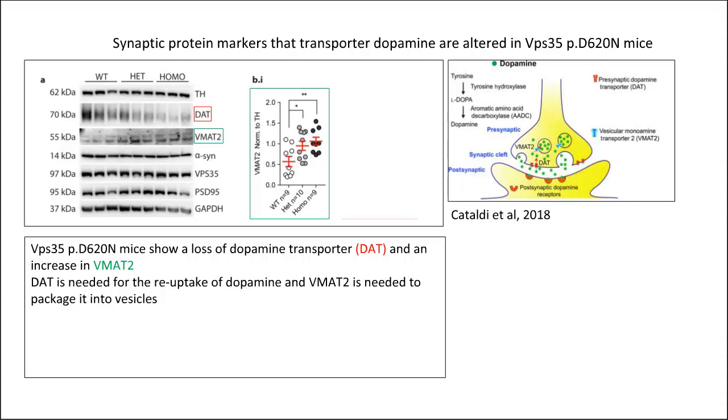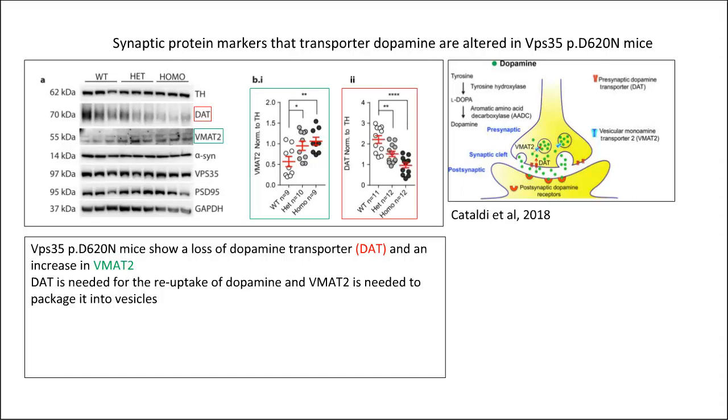And then conversely, we found that the transporter that is needed to take dopamine up from the cleft, so once it's released, you want to have a very efficient mechanism to get it back into the cell and repackage it, and that's how you allow neurotransmission to occur very quickly, was significantly down in the heterozygous and homozygous mice when we compared that to the wild type.